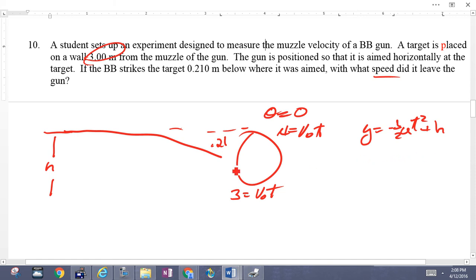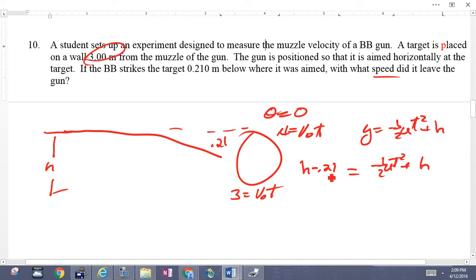Over here, effectively, if this thing starts at height h, we can say it ends up at height h minus 0.21, right? So we could say it is negative 1/2 a t squared, starting at height h but ending up at height h minus 0.21.